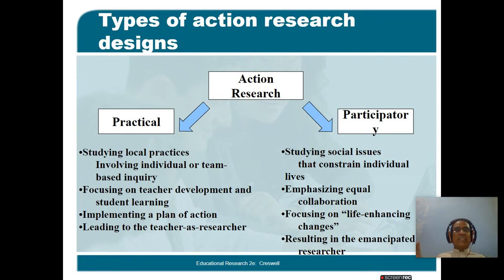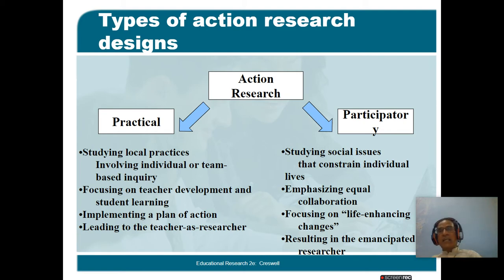Types of action research design. Action research design has two types: one is practical and the other is participatory. In practical action research, we study local practice, which involves individual or team-based inquiry. We also focus on teacher development and student learning, and we implement a plan of action. So this is a type of practical action research.